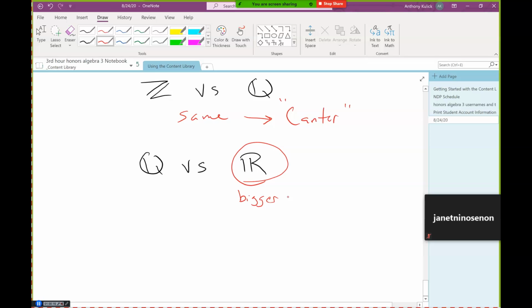And in fact, it's the same size as the irrationals are. So the same argument that you would make comparing the irrationals to the rationals, you can basically use to compare the rationals to the reals. In fact, you don't even have to include the endpoints.